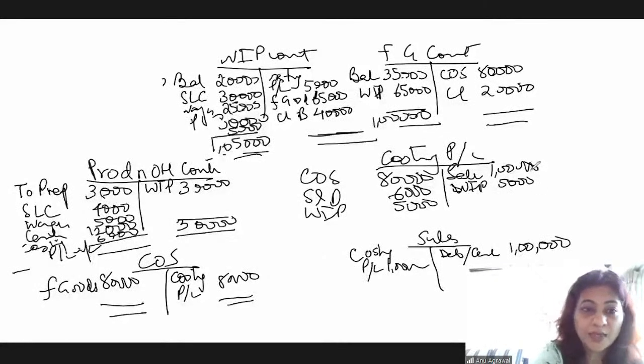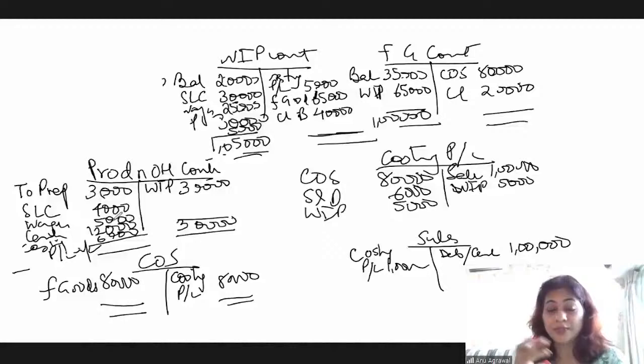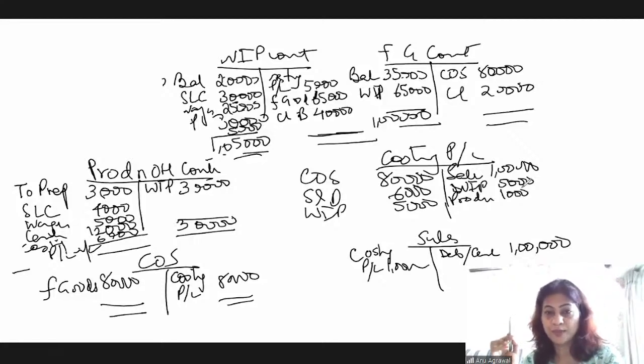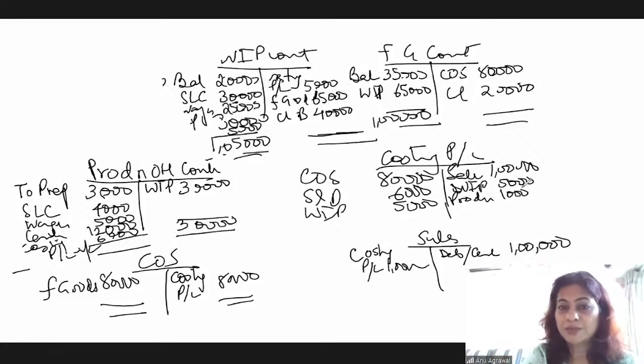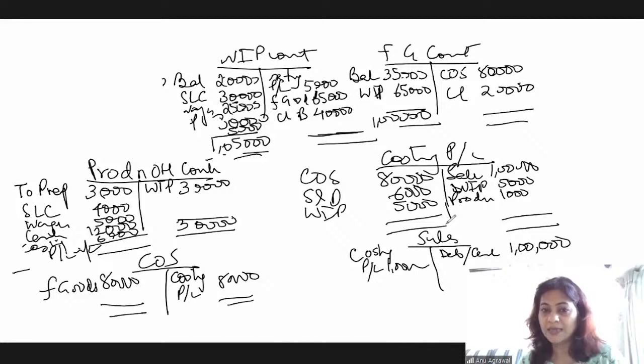And from the production overhead control account, over absorption, debit to costing P&L account, it is 1,000. Okay, now let us try to tally the account. Anything else I have left? No.